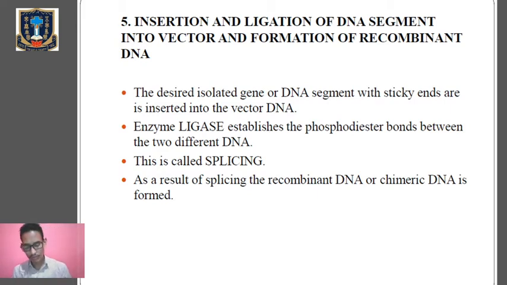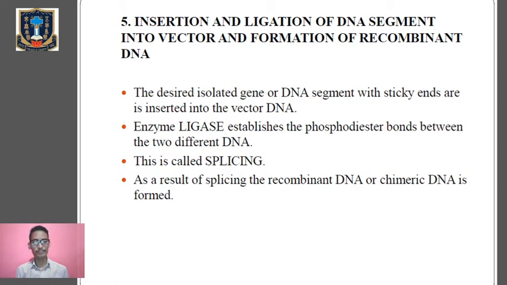All of you are aware of this process, because once we identify the foreign DNA having the gene of interest, we have to cut it with the help of restriction endonuclease enzyme. Clear? Then for insertion of that foreign DNA having the gene of interest, we require a vector DNA. Generally we use the plasmid vector pBR322, so try to recall the structure of that vector.